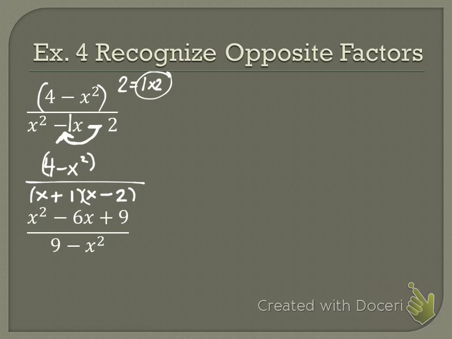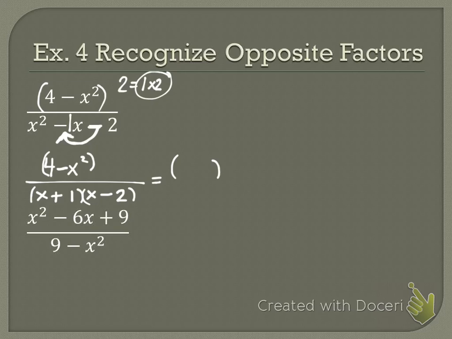Remember when we learned that last week, the difference of 2 squares? Okay, so let's look. What's the square root of 4? 2, okay. What's the square root of x squared? X. Is it the difference or is there a minus sign? Yes, there is. So I know automatically I have the difference of 2 squares.